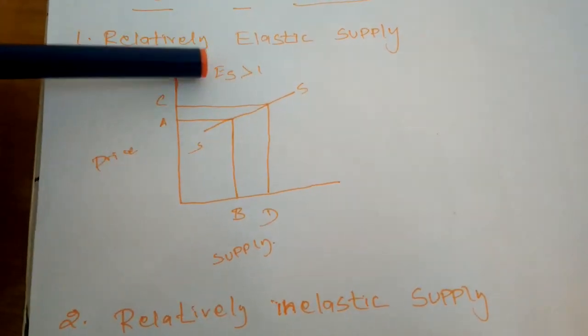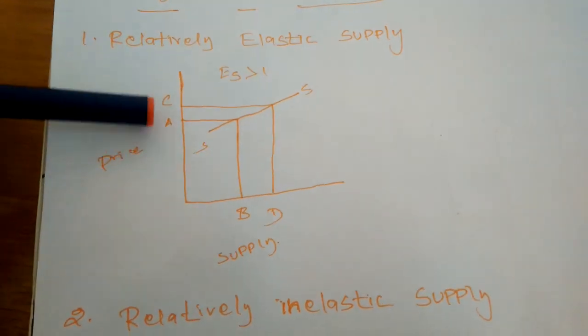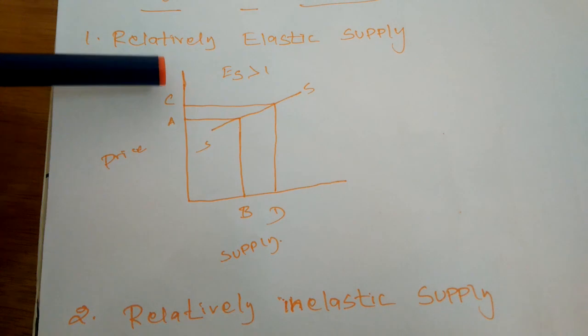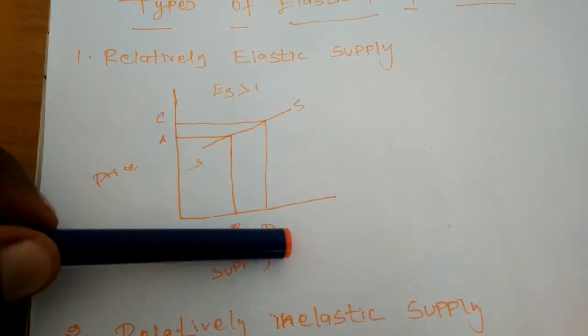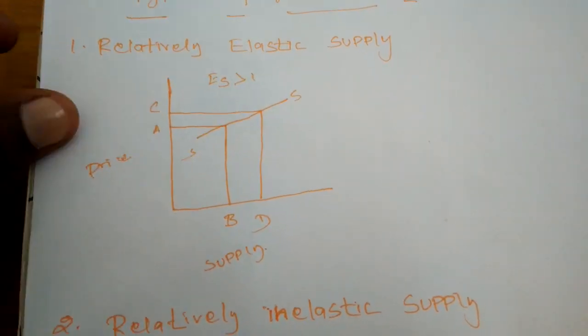So the elasticity of supply is greater than 1. This is called relatively elastic supply.